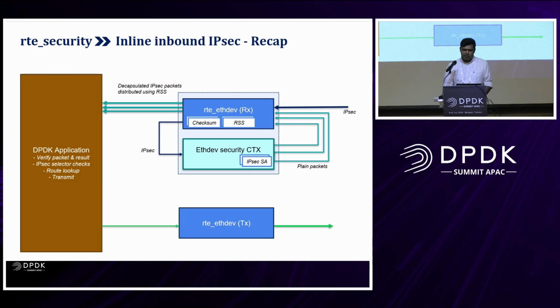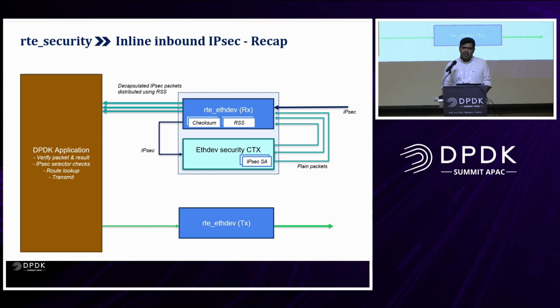So the IPsec flow that is coming from the outside gets internally submitted to the ETHDEV security context. After that, there can be multiple inner flows, which again come back to the RT-ETHDEV. So from the application's point of view, it can just do some minor verifications like whether the processing is done or not, or it can just expect that the packets will be distributed based on the inner packet rather than the IPsec packet.